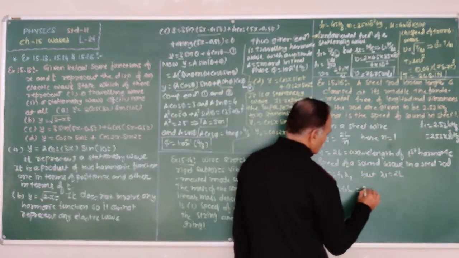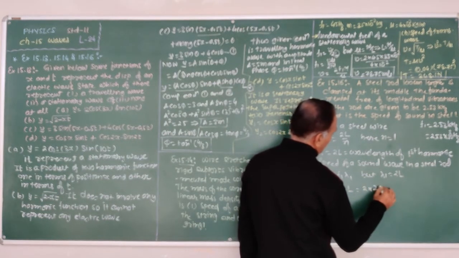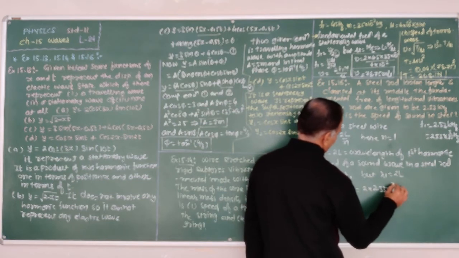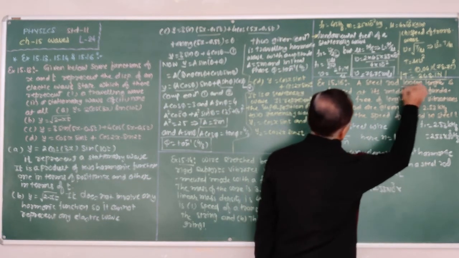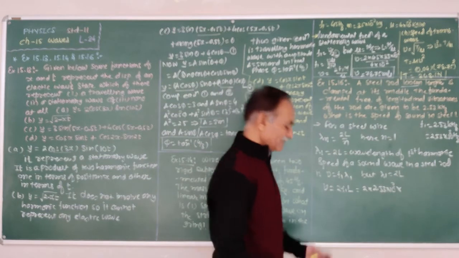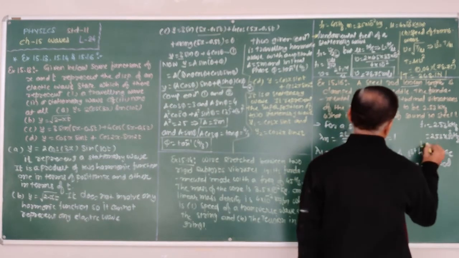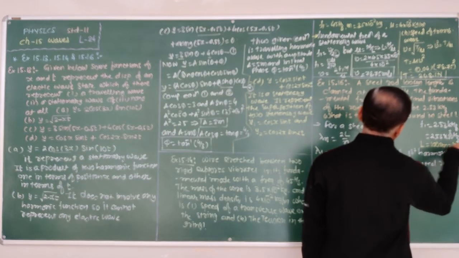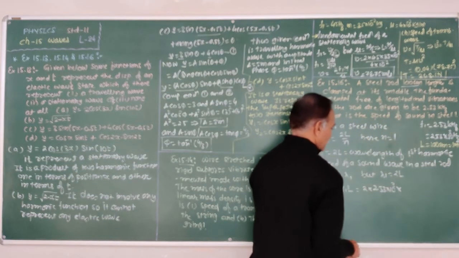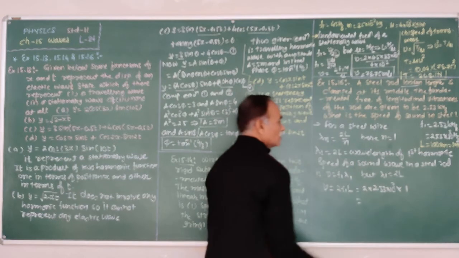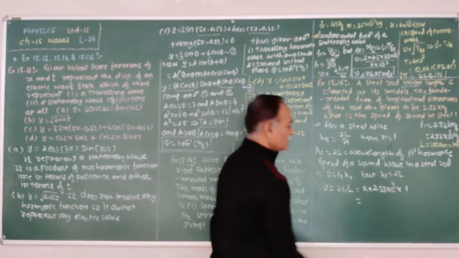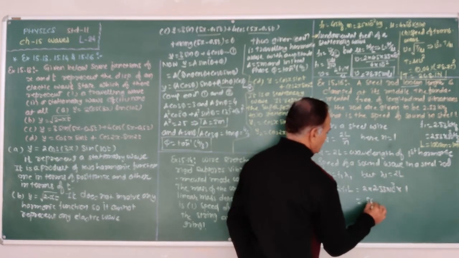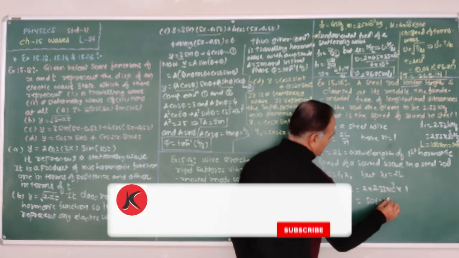Substitute the value of F1, 2.53 into 10 to the power 3. Now length of a steel rod is given 100 centimeter. That means 1 meter. So that is 1. Therefore, the speed of a sound wave in a steel rod is 5060 meter per second.